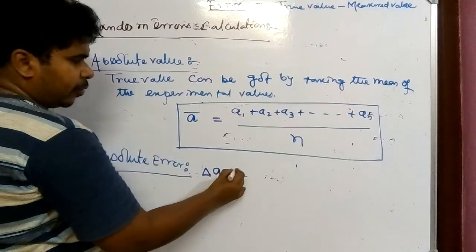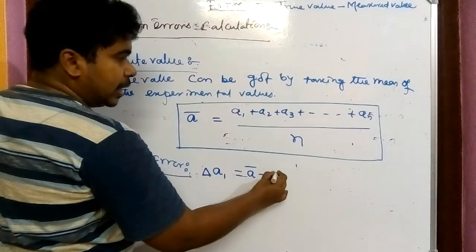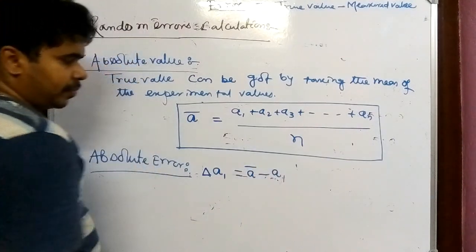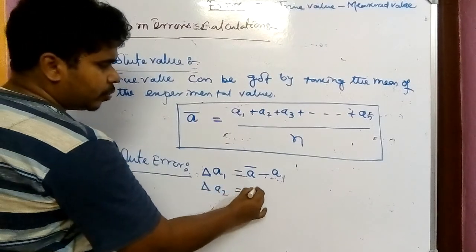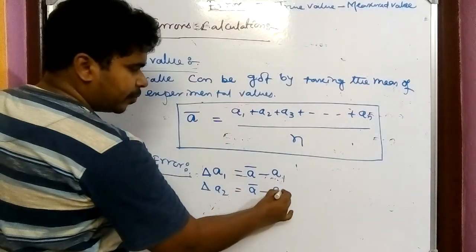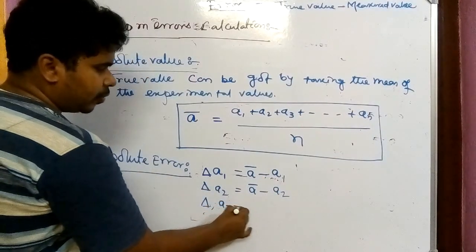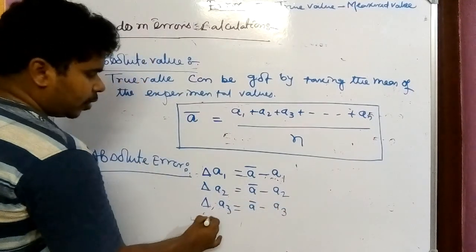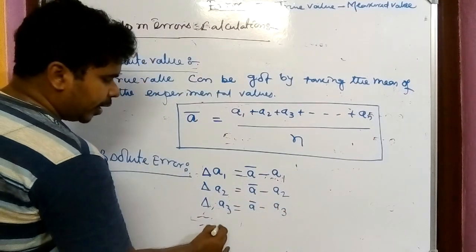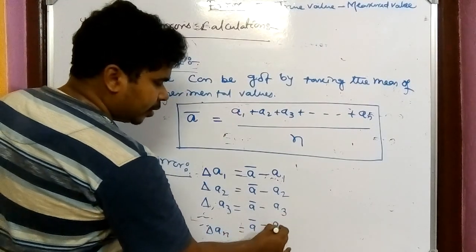So delta A1 equals A bar, the true value, minus A1, delta A2 equals A bar minus A2, delta A3 equals A bar minus A3, and if you go for delta AN, that is A bar minus AN.